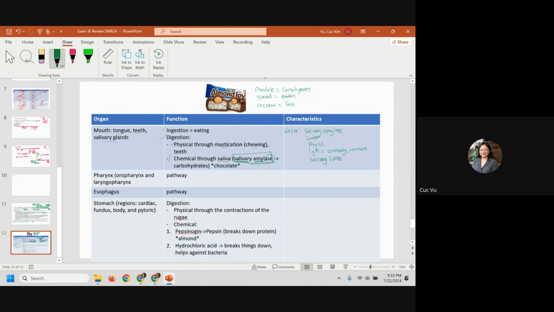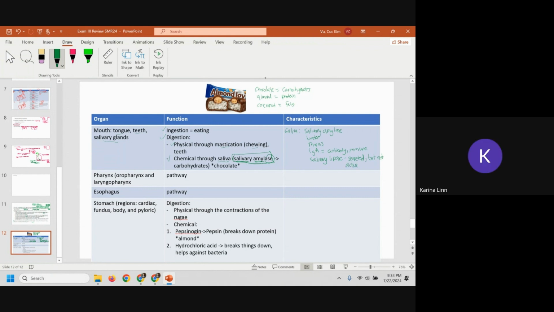What did I just write? Lipase. Yeah. What do you know about it? I mean, it's an enzyme since it ends in -ase. Yep. What does it break down? Fat. Fats. It breaks down lipids, right? So lipase breaks down lipids. Now, it is secreted in the mouth, but it is not active until when?